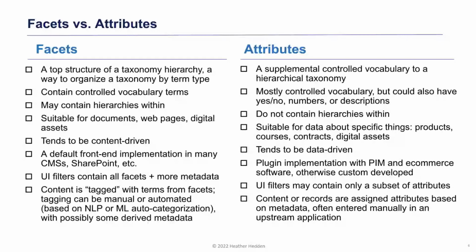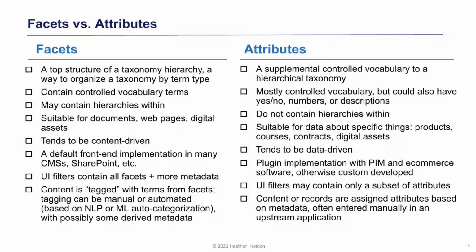A PIM is a product information management system. They definitely have managed attributes, and then there are plugins for that with e-commerce software. So I know in that use case, you don't have to custom develop the support of attributes. In others, if you're not dealing with products, you might have to do some custom development to get those attributes to come up where you want.